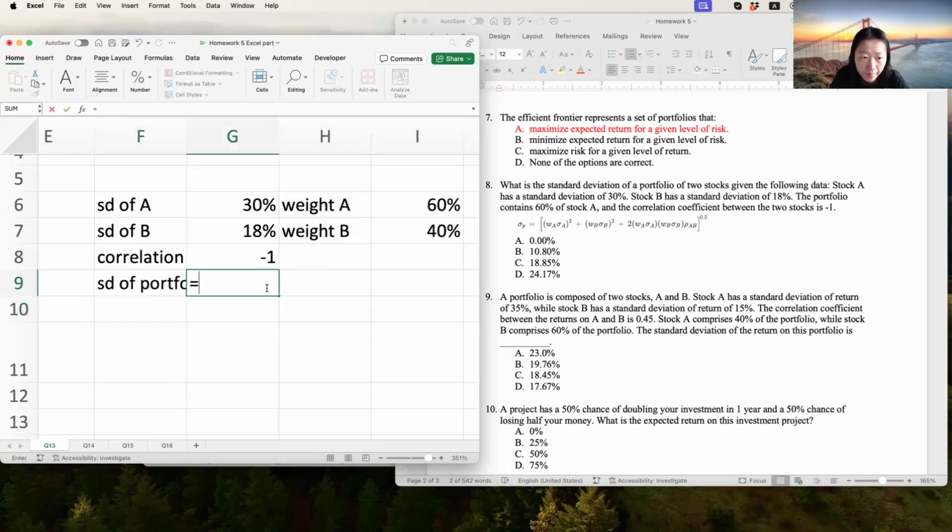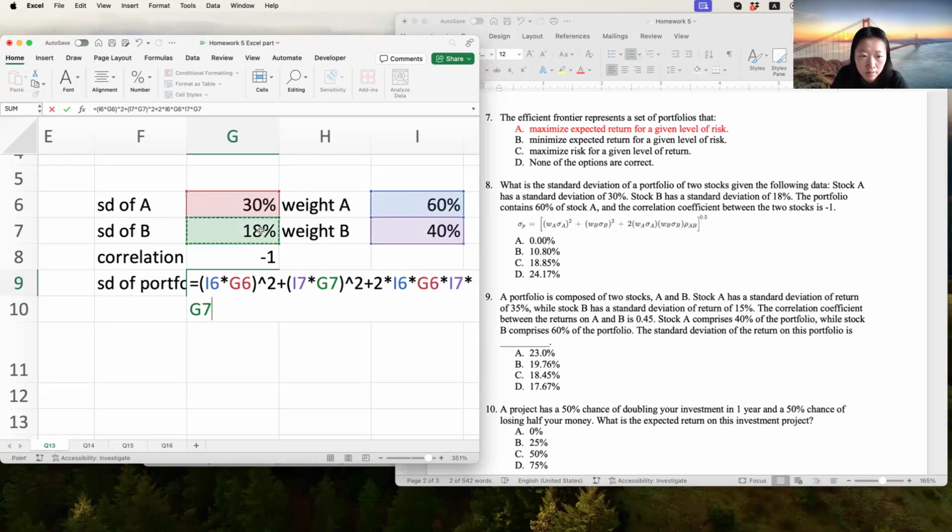So the standard deviation of the portfolio equals the square root of: weight times standard deviation, squared, plus weight times standard deviation, squared, plus 2 times the weight times standard deviation times the weight times standard deviation times the correlation.